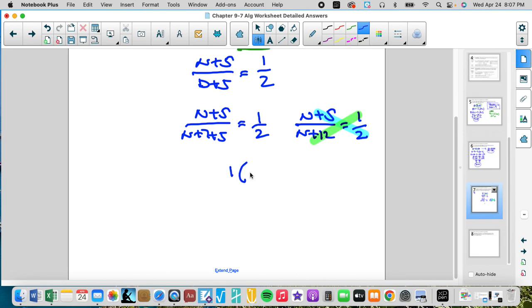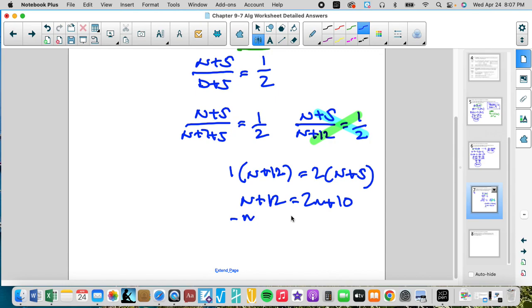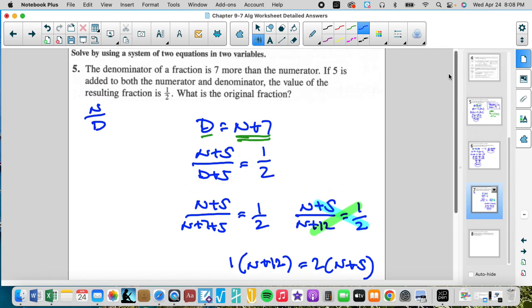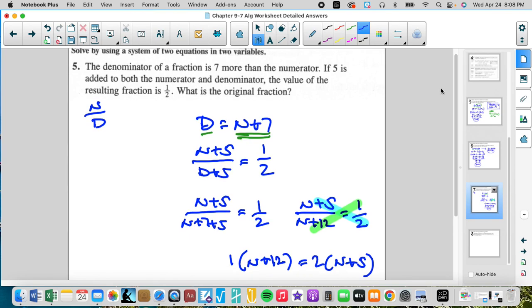We get 1 times n plus 12 equals 2 times n plus 5. N plus 12 equals 2n plus 10, minus the n, minus the 10. We get 2 equals n, so the numerator is 2, and the denominator equals 9.